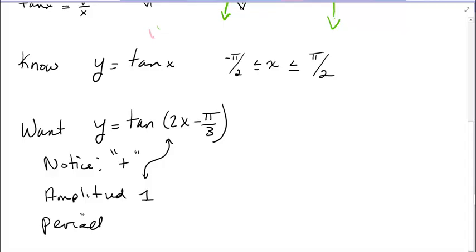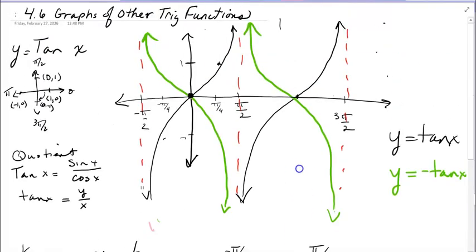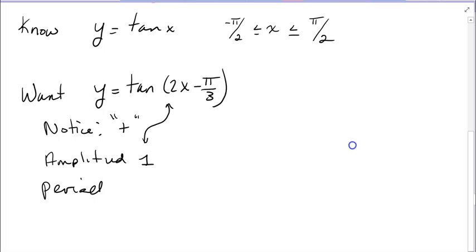Normally you would do 2 pi for sine and cosine, we did 2 pi over b. But here's what you need to remember. Your classic tan goes from negative pi over 2 to pi over 2. It only has a period of pi. You learned that in the first half of chapter 4. Not a period of 2 pi, only a period of pi. So the period is pi over 2.